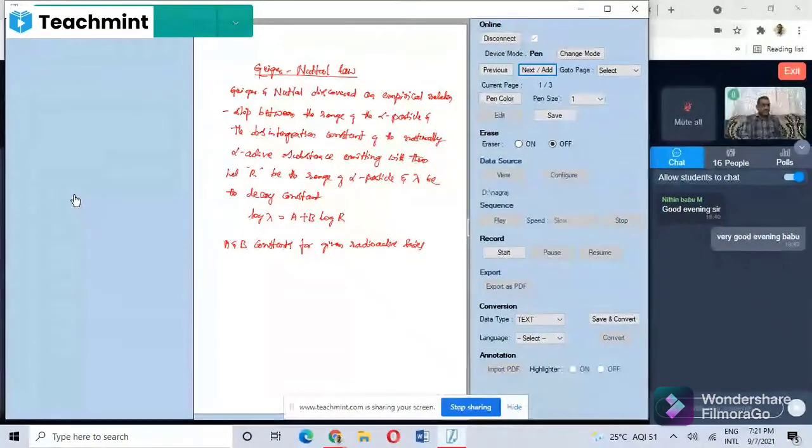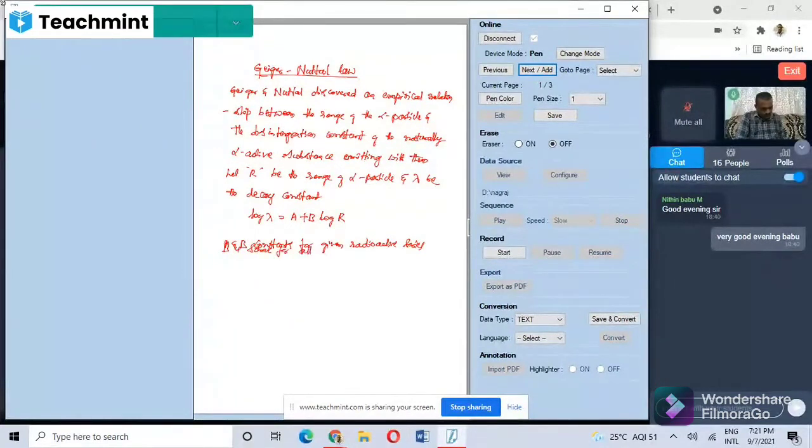So the A and B values vary from series to series, and the constant B is the same for all series, while A is different for different series.